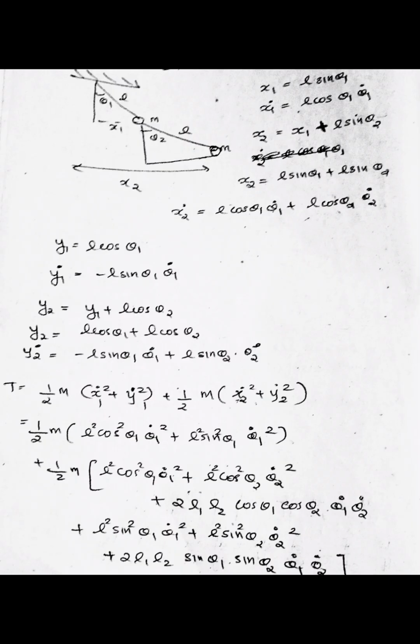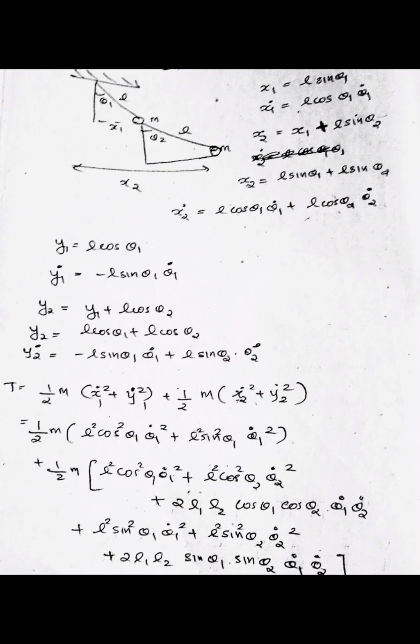So the distance from the first end to the mass m can be noted as x1, and the other distance can be noted as x2. x2 is the distance from the first end to the second mass, and x1 is the distance to the first mass.